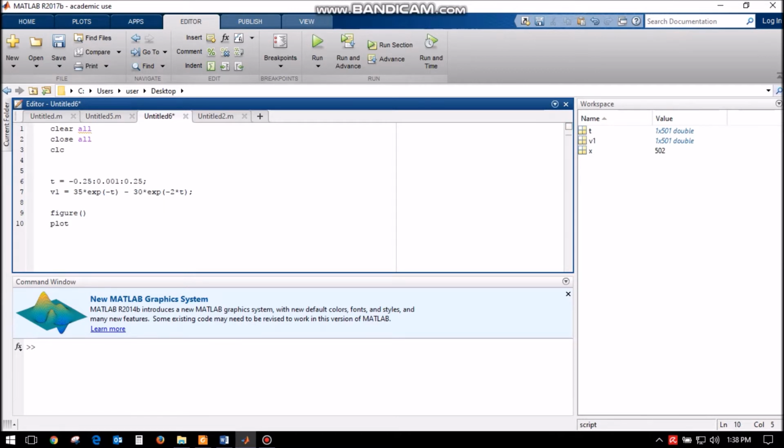So let's plot the signal. The x-axis is t, the y-axis is v1. And let's put some labels. The x label is time, in seconds. The y label is voltage.